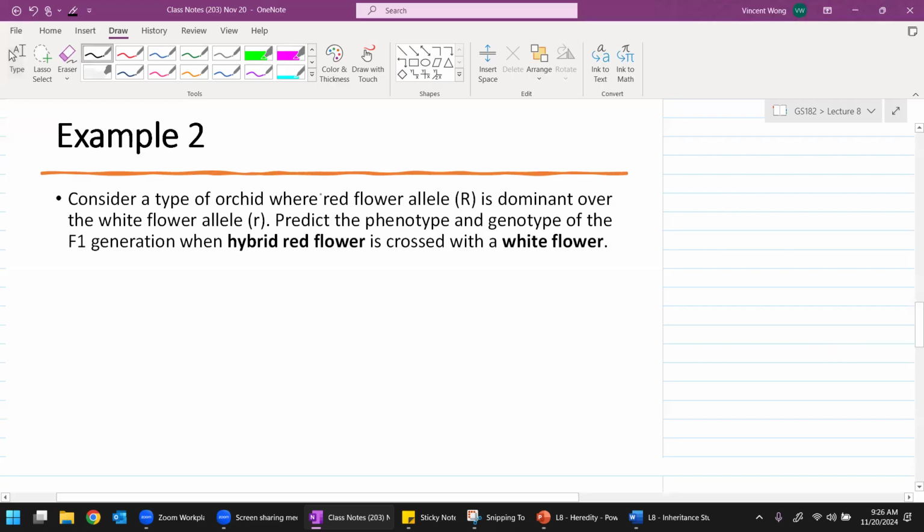Okay, so hybrid red is big R, small r, cross white, which is small r, small r. It's absolutely important that you make sure you have this right before you do the rest of the question. If this is wrong, everything else is wrong, right? Does everybody understand why I put big R, small r, and not big R, big R? Hybrid.